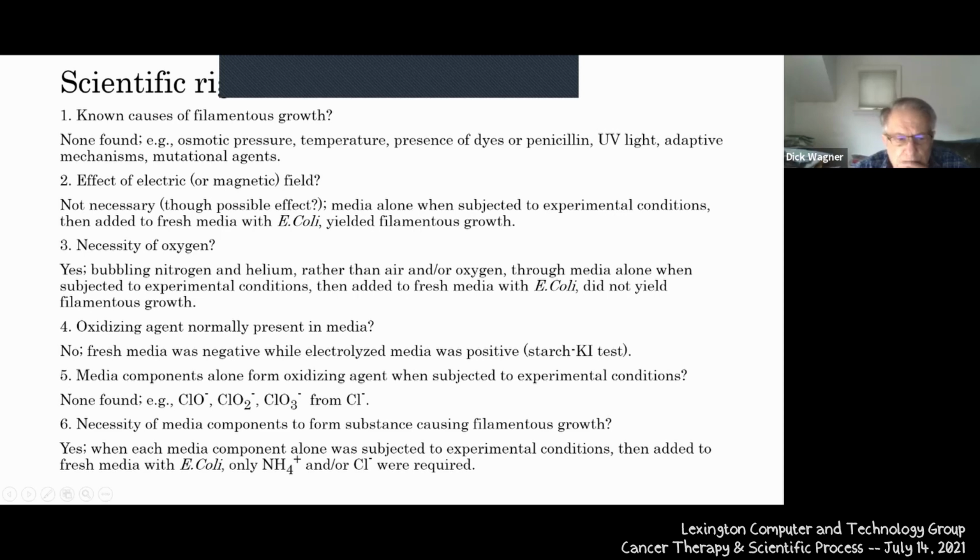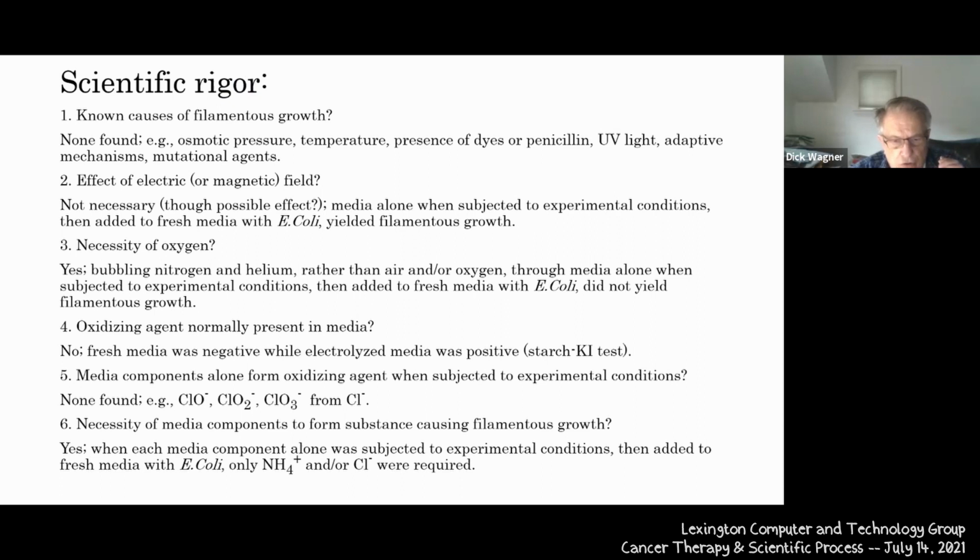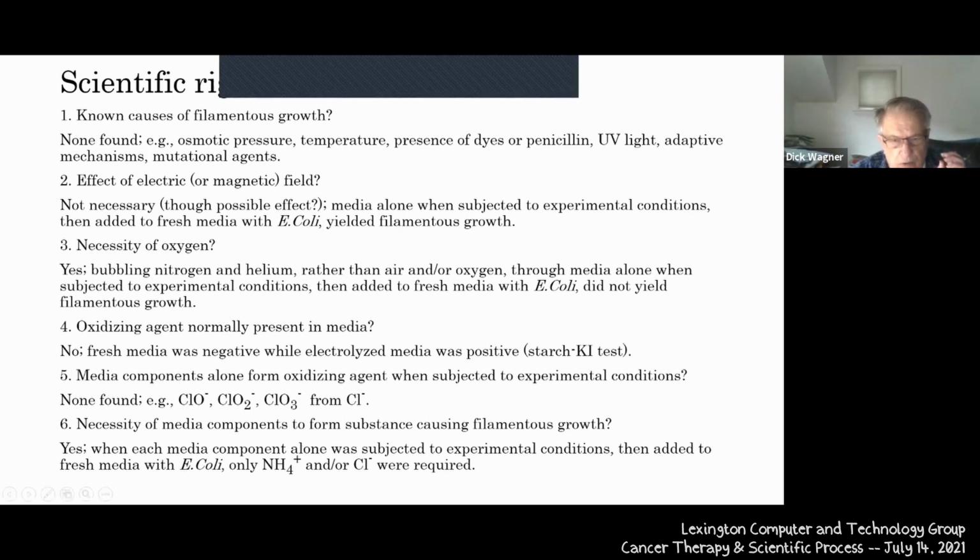So, what was it that was in the media? They went down to find out what's in the media for the filaments to grow. And there's one or two elements or features or materials that are in that media that caused it. The ammonium ion by itself and chloride, or chloride by itself, was necessary.